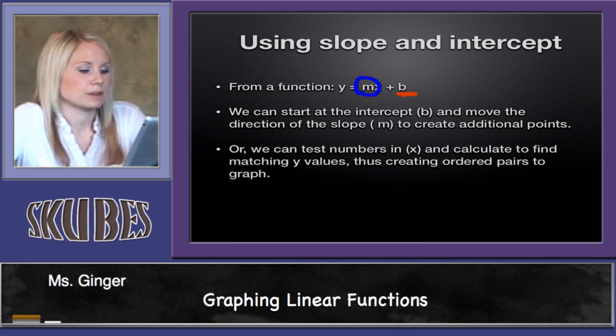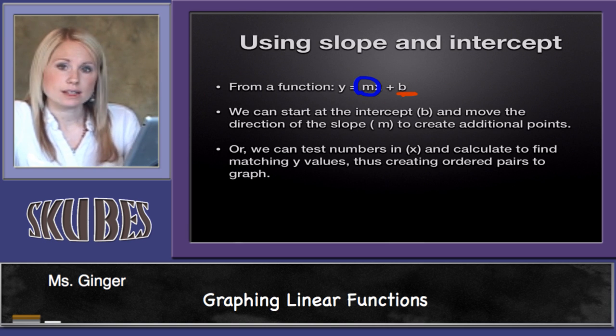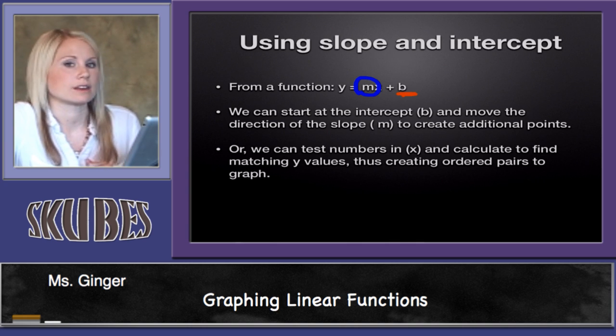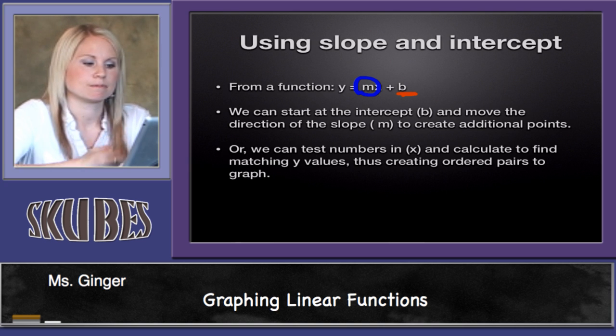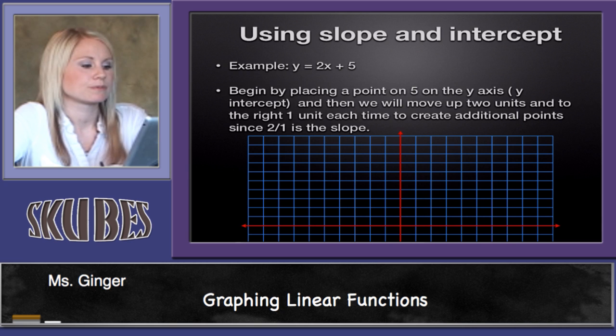We're going to see this in just a minute. Another thing you can do if you're looking at a function instead of a chart of values is you can test numbers in for X and get extra coordinates that you can plot just like we have just done and then connect your dots. So I'll use this function to show you both of those ways.